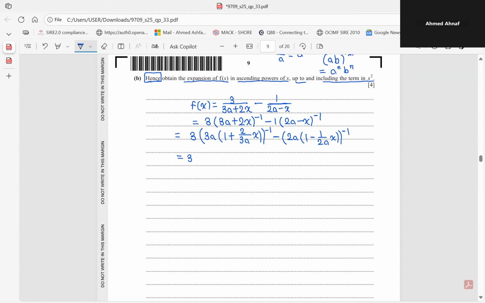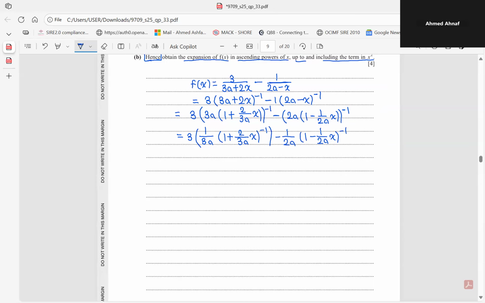So this 3a would be 3a to the power of -1, which you can rewrite as 1 over 3a, times 1 plus 2 over 3a x to the power of -1. And for this one, we're going to use the same law. So this is just minus 1 over 2a times 1 minus 1 over 2a x to the power of -1.